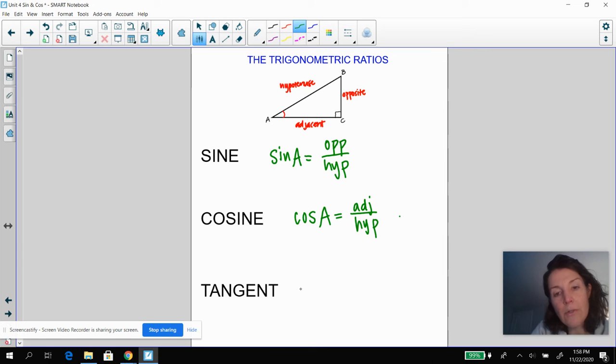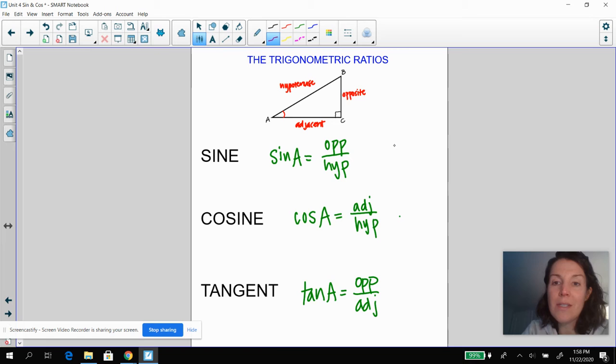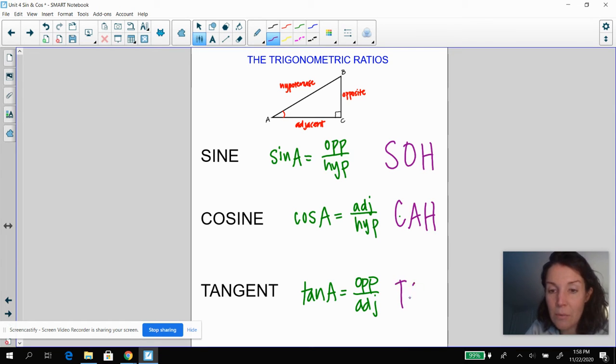And then everybody knows, snooze, that the tangent of angle A is going to be the opposite over the adjacent. So I've got here that the sine is equal to the opposite over the hypotenuse. The cosine is equal to the adjacent over the hypotenuse. And the tangent is equal to the opposite over the adjacent. So the nice little abbreviation here is SOHCAHTOA.